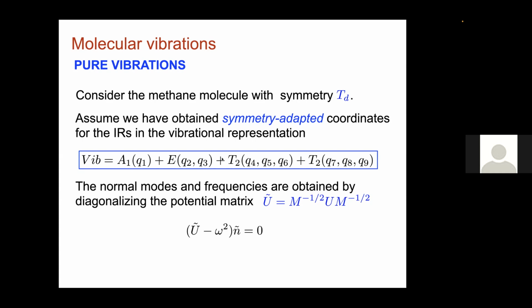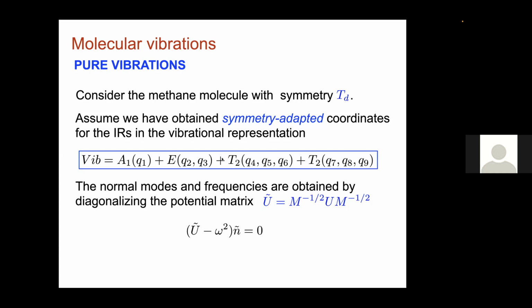And now let's assume that we are using symmetry-adapted coordinates. What do I mean by this? Remember, for C3v, the vector representation was reducible into A1 plus E, but the block diagonal structure of the matrices was obvious only if you choose an appropriate coordinate system, which was the XYZ.